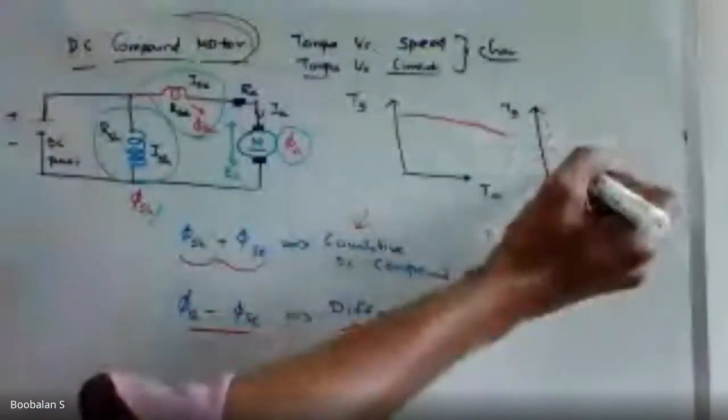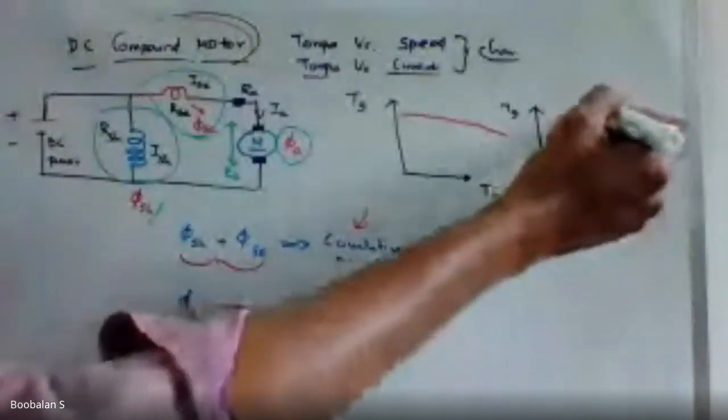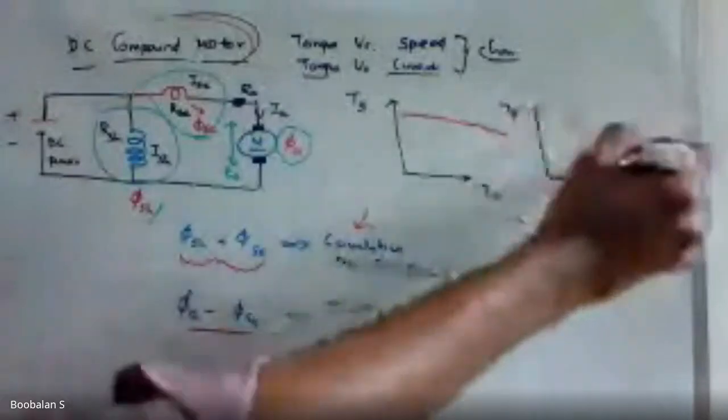So the speed is getting dropped like this, parabolic.